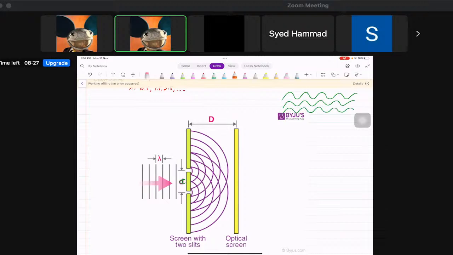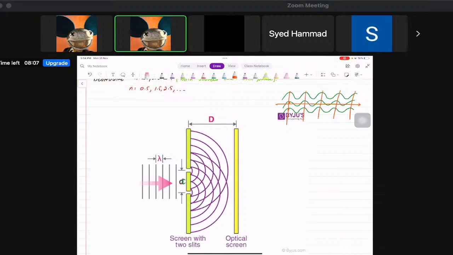For example, this is a crest, this is a crest, this is a crest, so it becomes a line. Every crest is connected in a straight line, because this is the direction of the wave. Wavefronts are perpendicular lines that connect crests.